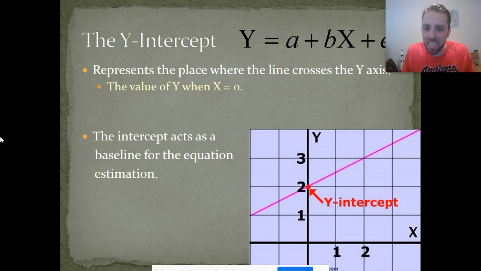In this case, the y-intercept is 2, right? If you just look at this graph that I have here. So when x equals 0, y equals 2. Any subsequent increases in x are associated with increases in y that start from this baseline of 2. Make sense?